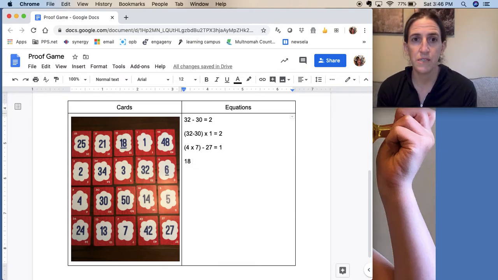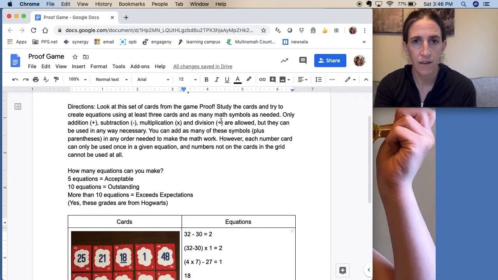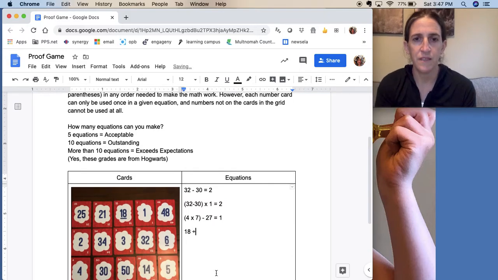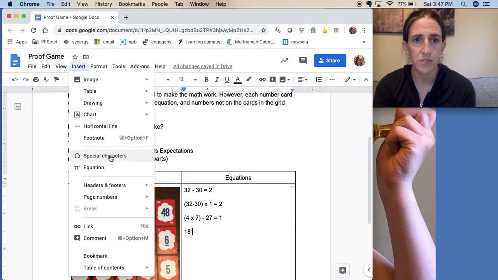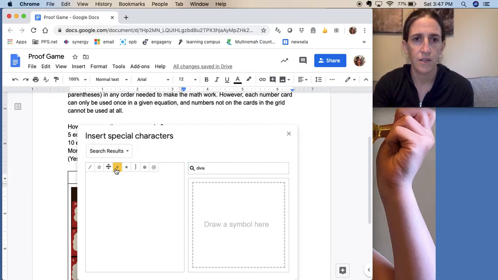Let me show you a few ways you can make the division symbol on a Google Doc. 3 choices. You can go up here, where I already wrote it. You can highlight it, do Command C to copy it, go back down, Command V, and paste it. And then you're just using the division symbol I already have there. Or another option within Google Docs is you go to Insert, Special Characters, and you search for division, and I can click on it one time and it will add a division symbol for me.